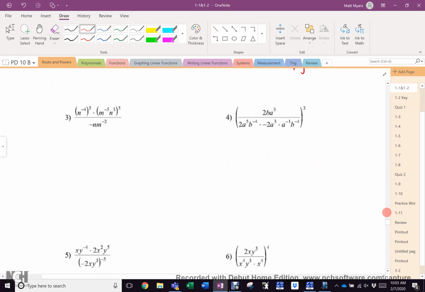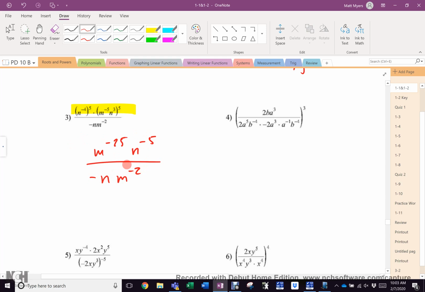Somebody actually asked about number 3. I would take care of the top. That would be n to the negative 20, m to the negative 25, n to the 15. Then I would see negative 20 and 15. I would see that becomes n to the negative 5 over negative n m to the negative 2.